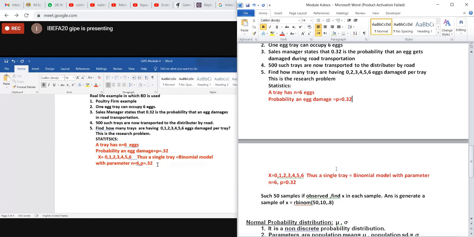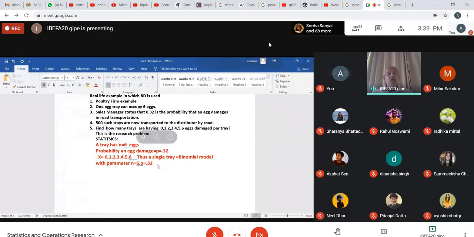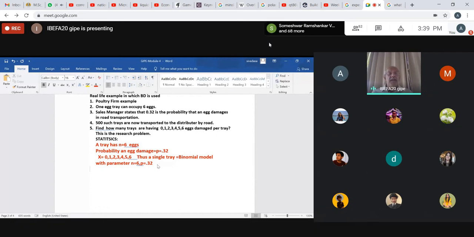Sir, isn't n equal to 500 into 6, like total trays are 500? Madam, what are you listening? Look at the English sentence. Read it: 500 such trays are now transported.